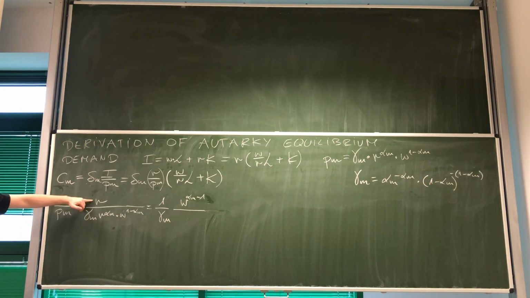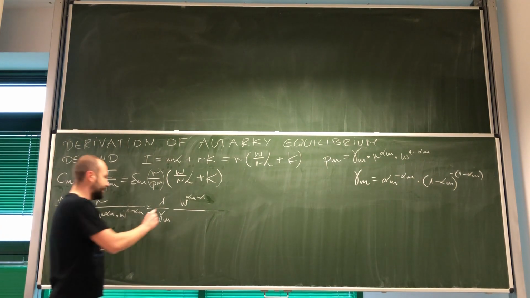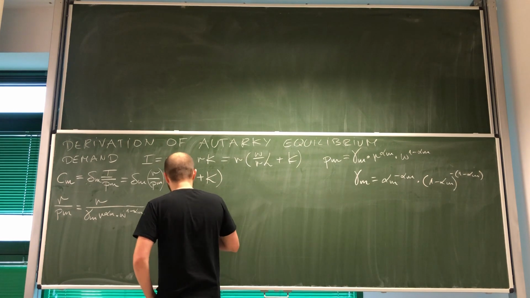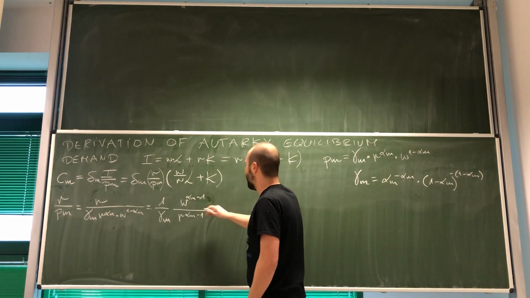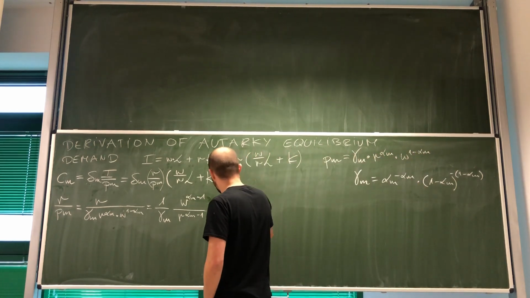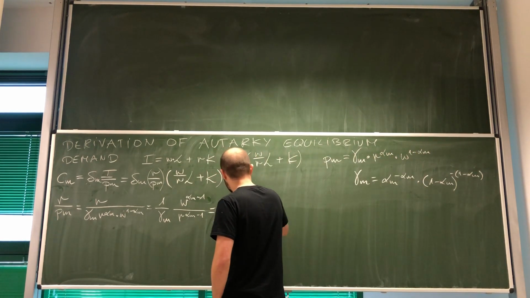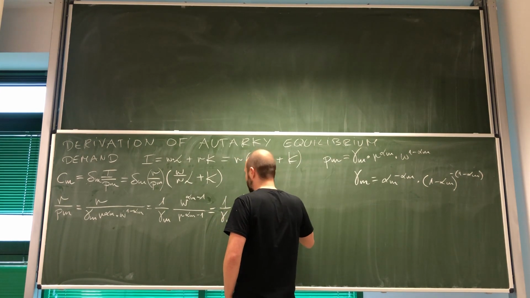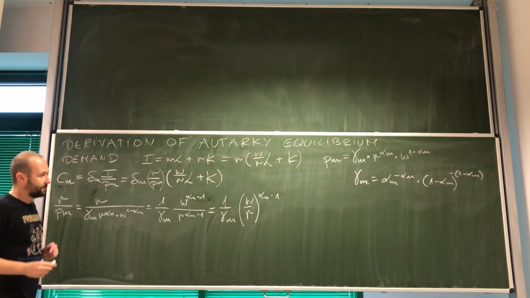And R is downstairs, so I need to take it to the power minus 1. And again, I'm going to end up having R to the power alpha M minus 1. And finally, I can rewrite this expression as 1 over gamma M times W over R to the power alpha M minus 1, because those two powers are the same.